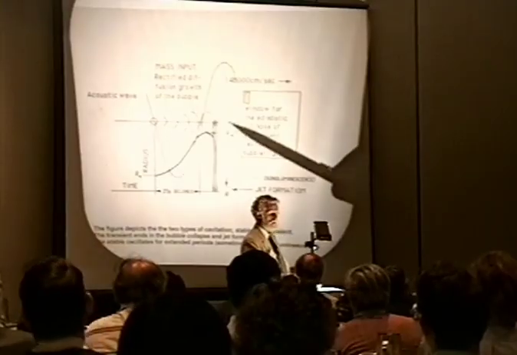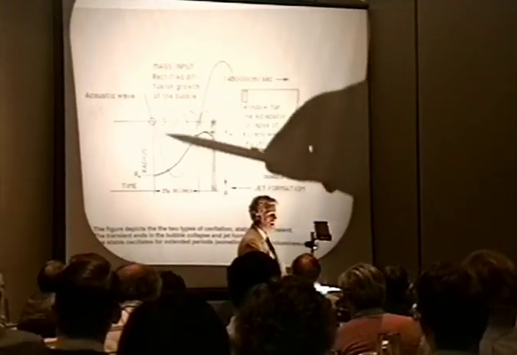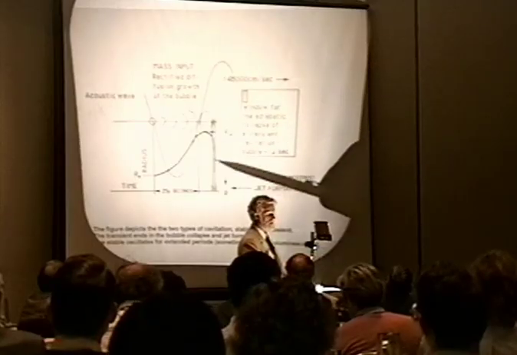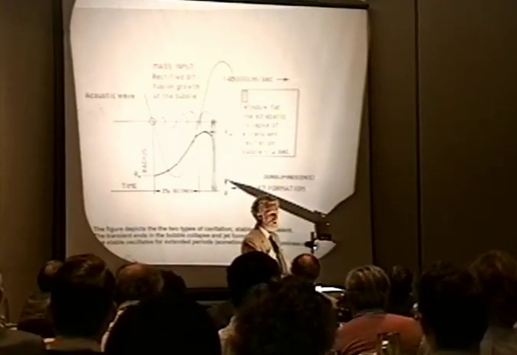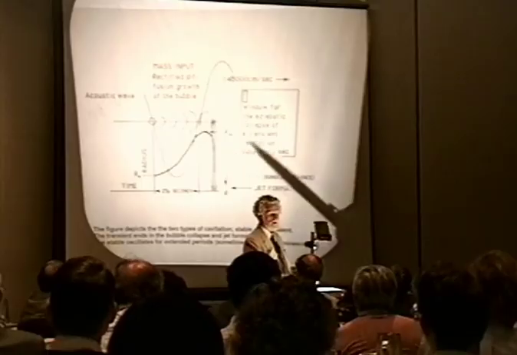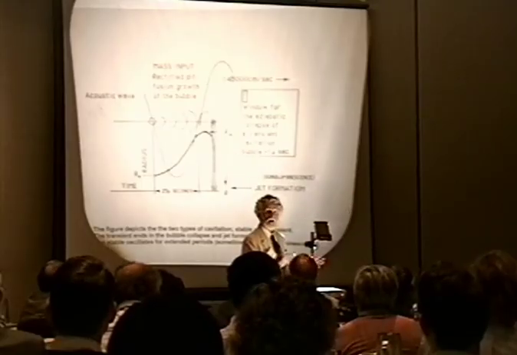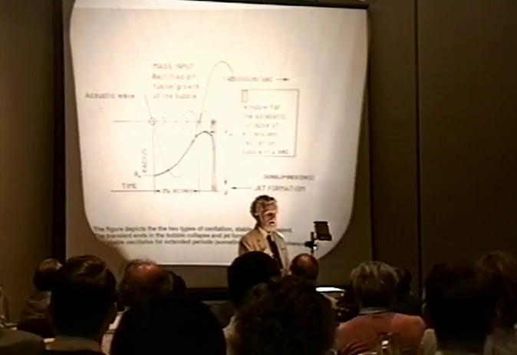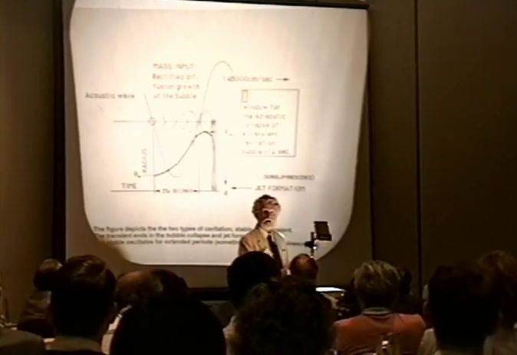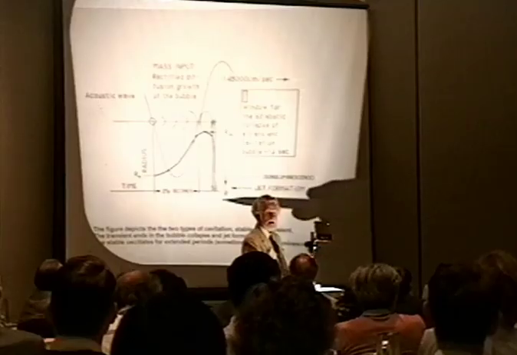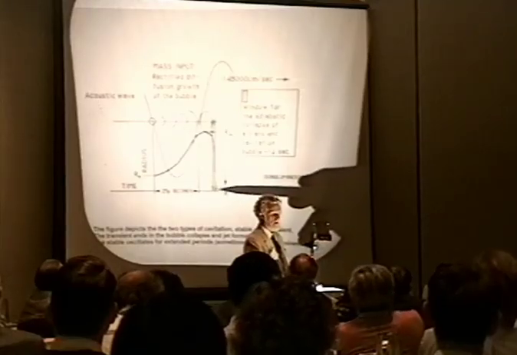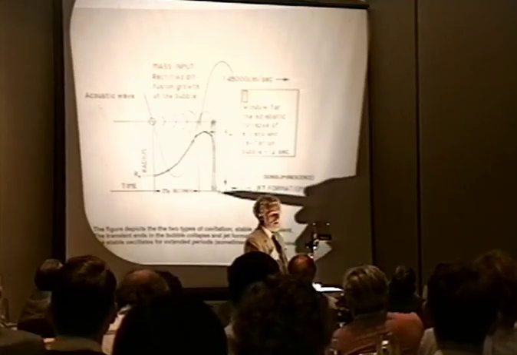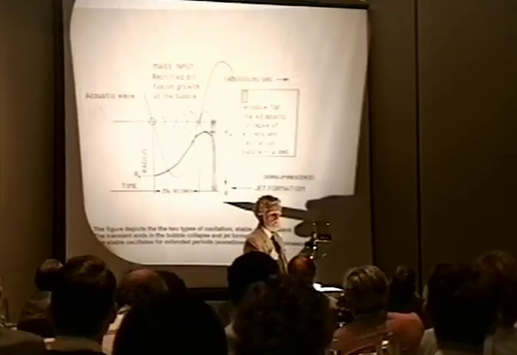Now, if you have a little bit more energy and the acoustic wave is a little bit deeper, this bubble cannot recover, and it goes into a catastrophic state, with a jet formation on the surface, and this jet will take the entire contents of the bubble and inject these contents at very high temperatures and pressures into the lattice, which can cause some very interesting events to occur.